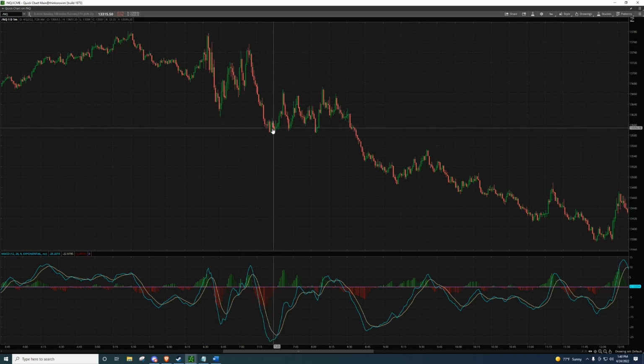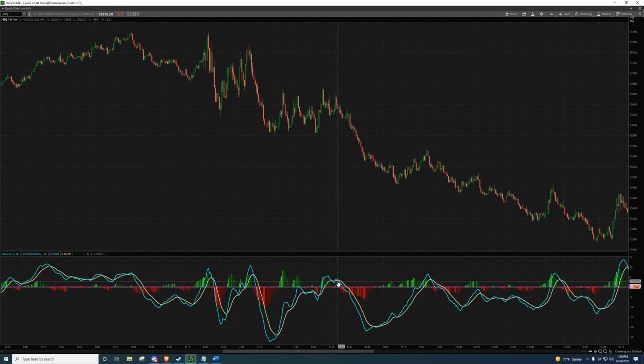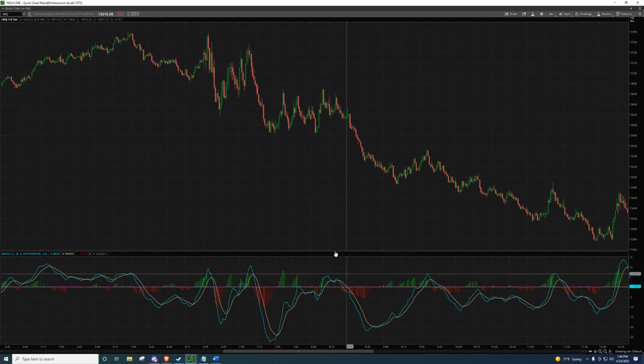That's ideally what you're looking for. How do you line those up? Which way is price going? Where's your MACD, and where's the cross likely to happen, to get you a good entry into the trend, basically.